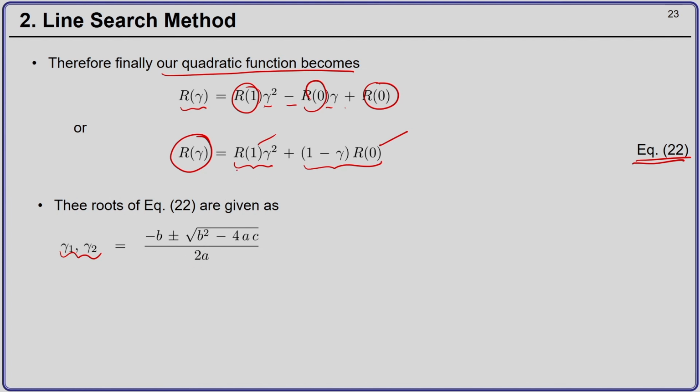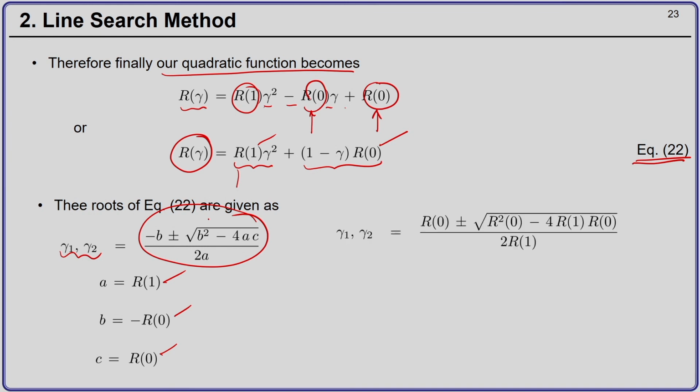So, a is R 1, b is minus R 0 and c is R 0. If I substitute a, b, c in this particular equation, I will get my gamma 1 and gamma 2 as follows.